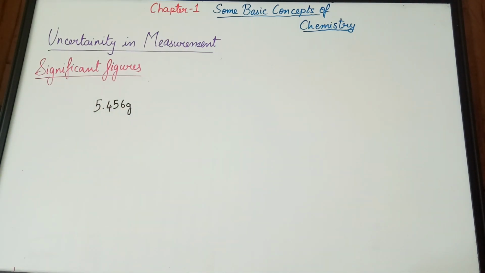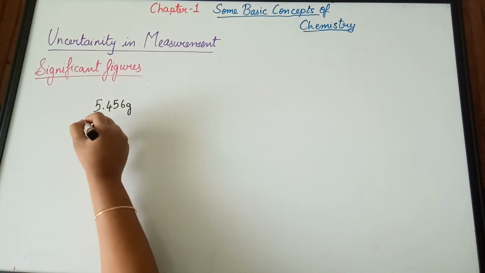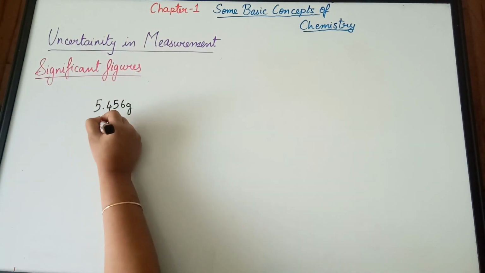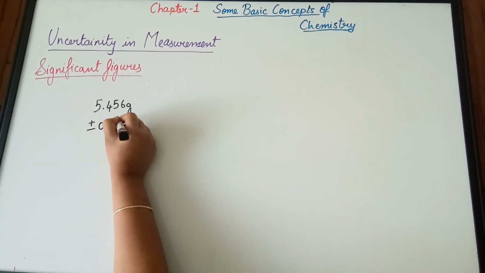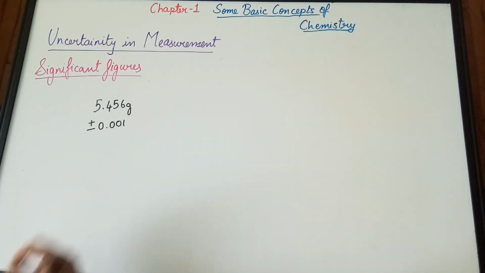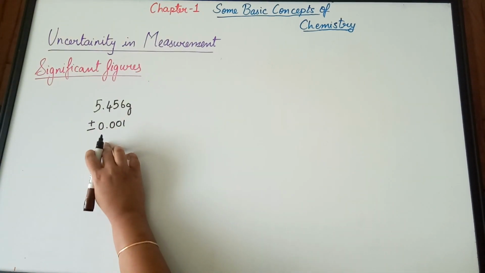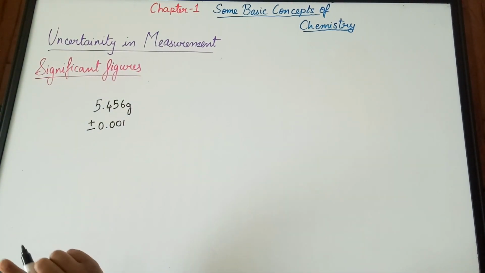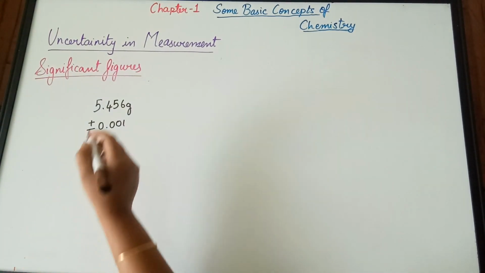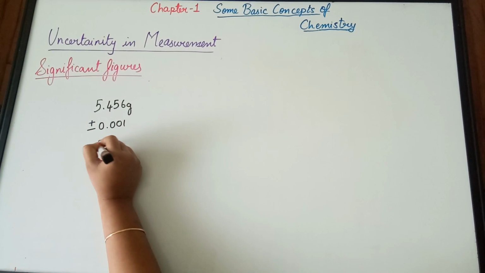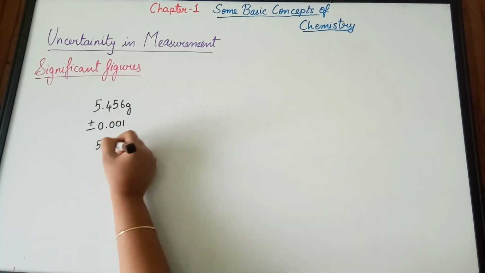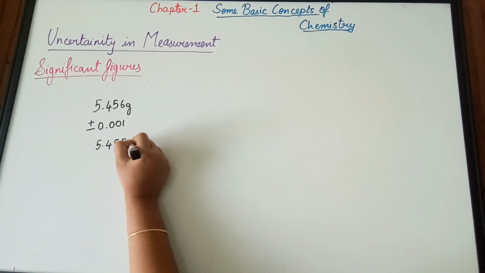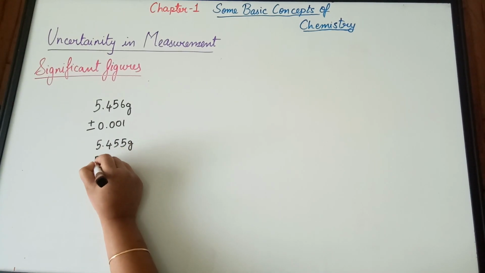And the analytical balance has an accuracy of plus or minus 0.001, which means that the mass of the substance which was measured could be 5.455 or it could be 5.457.